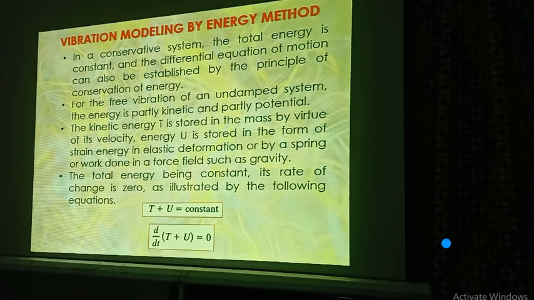Most of the vibration analysis systems that depend upon different dynamic conditions, we can find their equation of motion and associated natural frequencies with the help of 3 most useful methods. One of them is the Newton method, second is the energy method, and third is Rayleigh's method.